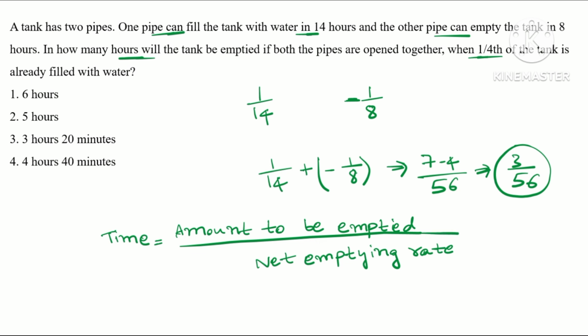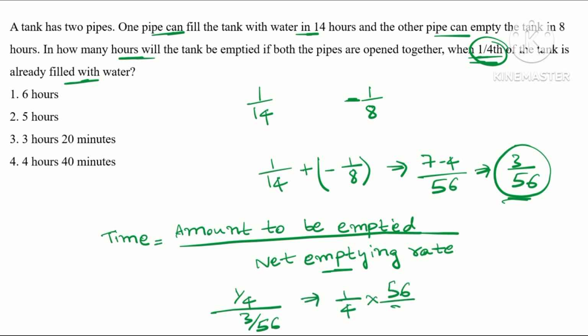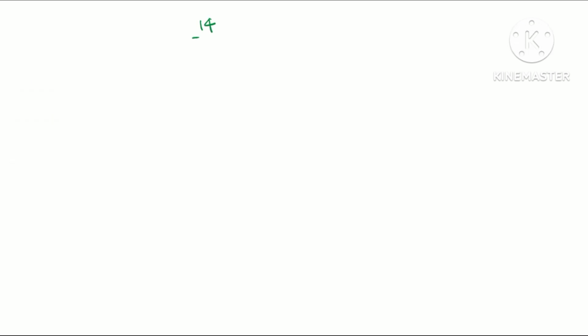The amount to be emptied is 1 by 4, as it is given 1 by 4 is already filled, so 1 by 4 should be emptied, by the net emptying rate, which is 3 by 56. 1 by 4 into 56 by 3. 56 by 12. 14 by 3 hours. We got 14 by 3 hours.